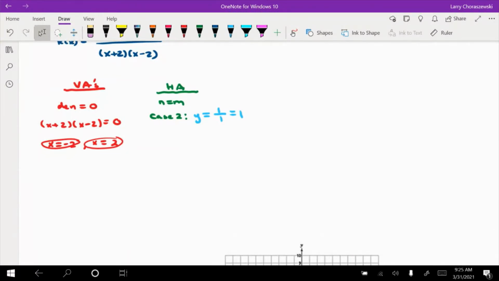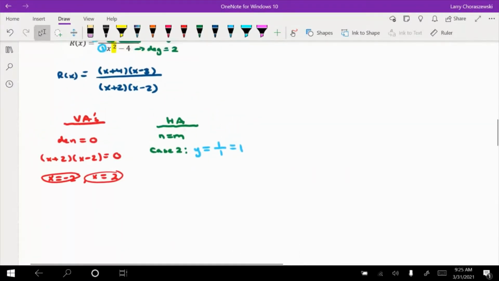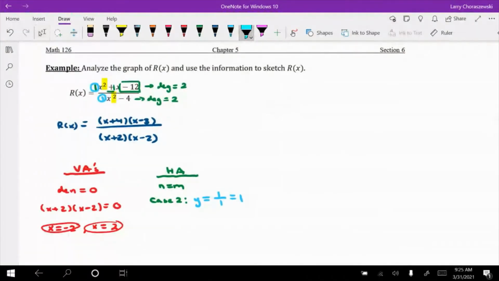Question for you. Where'd you get the 1 over 1 or y equals? Yep, it came from the ratio of leading coefficients. Gotcha. Got it. No problem. So there's no oblique asymptote. That would be a case 3 situation.